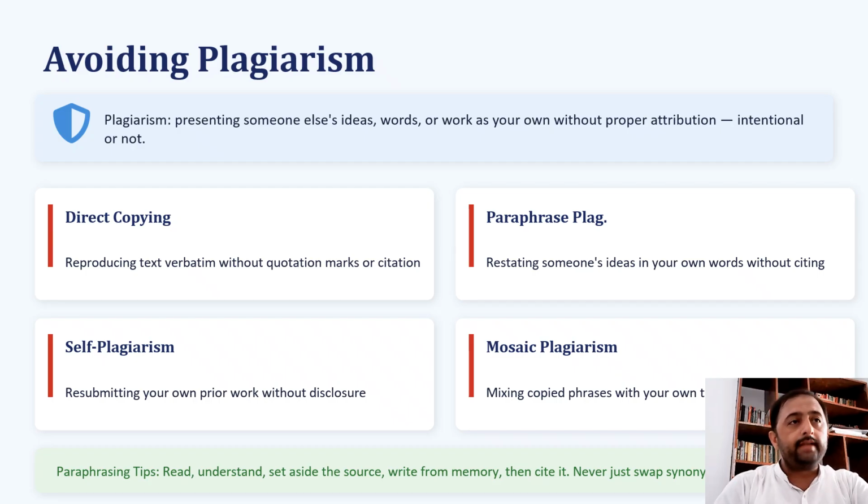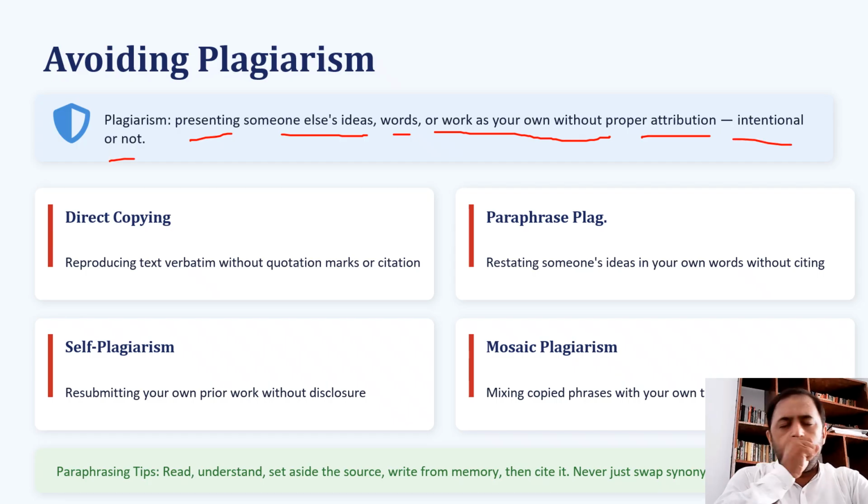Plagiarism means presenting someone else's ideas, words, or work as your own without proper attribution, intentional or not. Whether you mean to or not, if you are using someone else's work, you are plagiarizing.